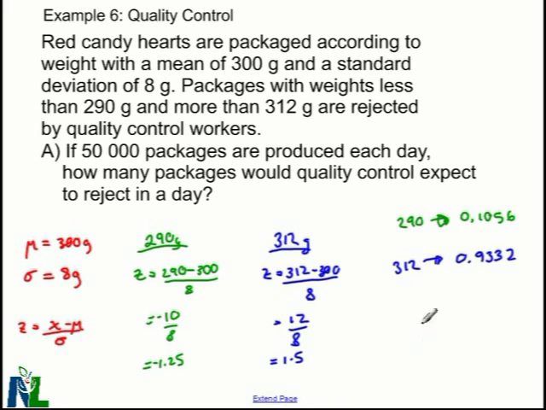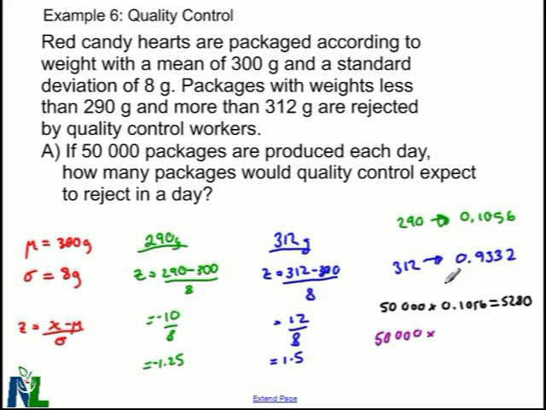So I'll take my 50,000 and multiply by my 0.1056. If I do that, I'll get a value of 5,280. I then need to take the 50,000 and multiply by the percentage that's above 93.32.